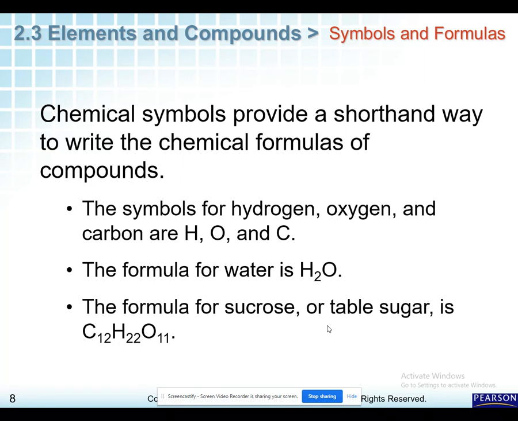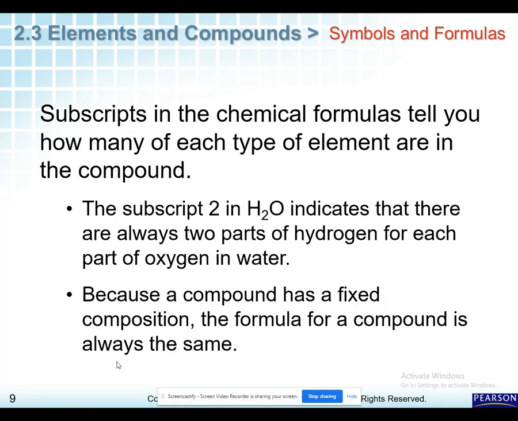So chemical symbols provide a shorthand way to write formulas because, like I explained in the beginning, they take these symbols and combine them. So they took the H and the O to make H2O. They combined carbon, hydrogen, and oxygen together to make sucrose, or table sugar. The only thing that's a little bit different is that chemical formulas have something known as subscripts.